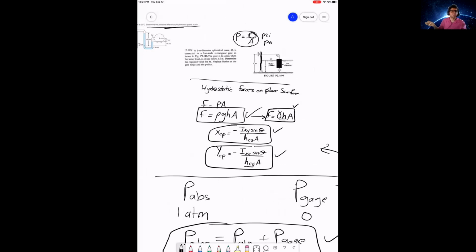If someone asks you what the pressure in your tire is, are you really going to say, let's assume its gauge pressure is 25 psi, and add 14 and tell him 39 absolute pressure? He's going to ask, why are you telling me absolute pressure? I'm interested in gauge pressure.